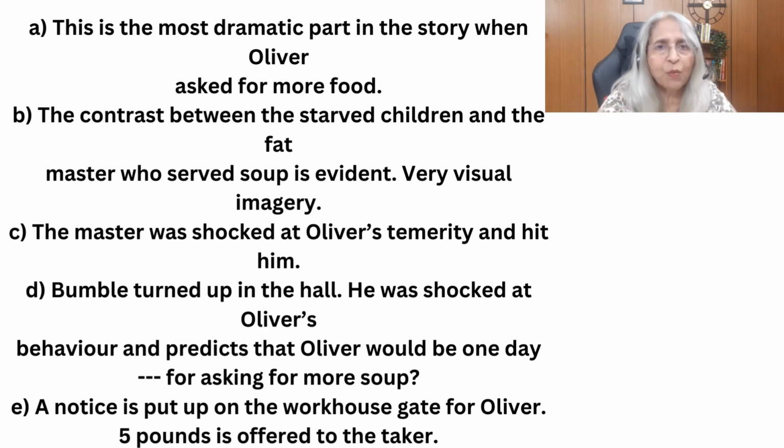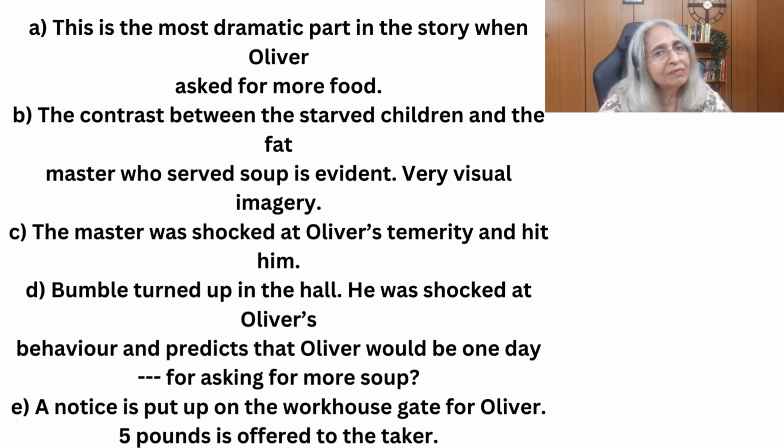Goodness, this is one of the most dramatic scenes in this book, where Oliver asks for more food. And you can see here the visual difference between these starved children and the fat, healthy master who was doling out the soup into small bowls. And of course, the master was absolutely shocked at Oliver's temerity to ask for more soup. So he hit Oliver with a spoon, gave him one whack, and then he yelled.